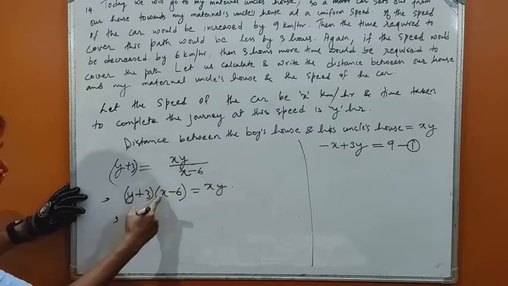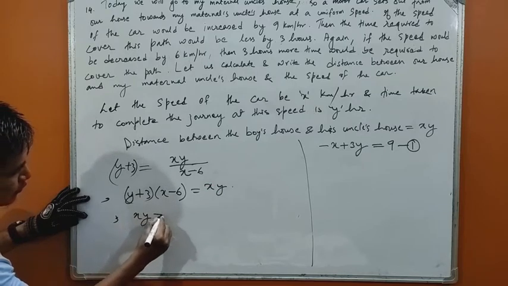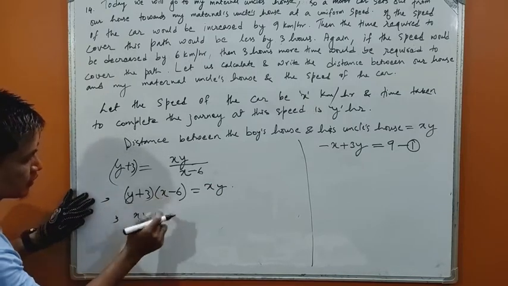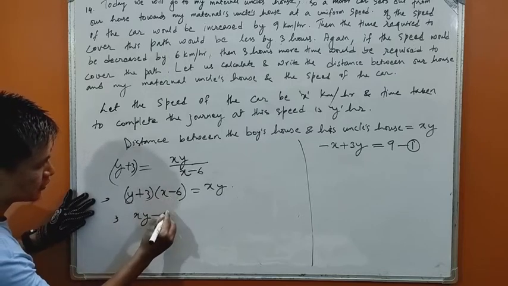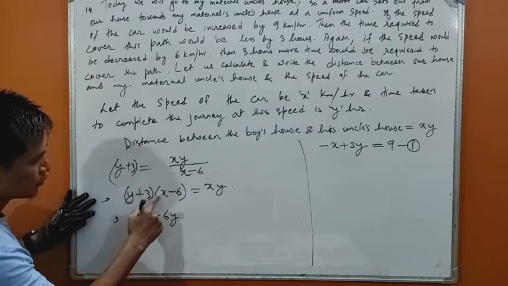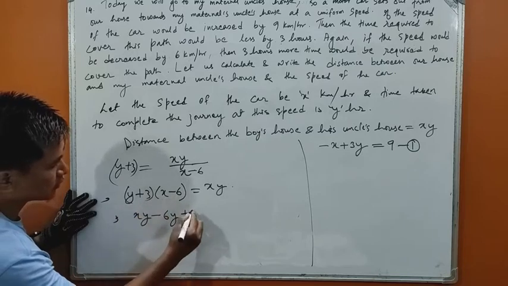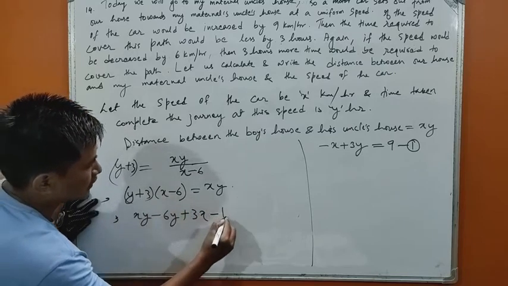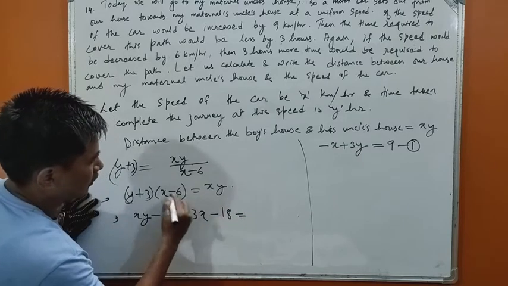So y into x is xy, plus into minus is minus, y into 6 is 6y, plus into plus is plus, 3 into x is 3x, plus into minus is minus, 3 6s are 18, equals xy.